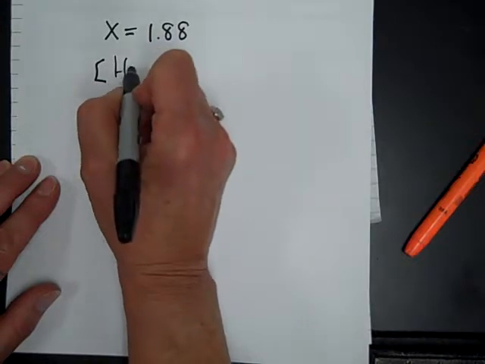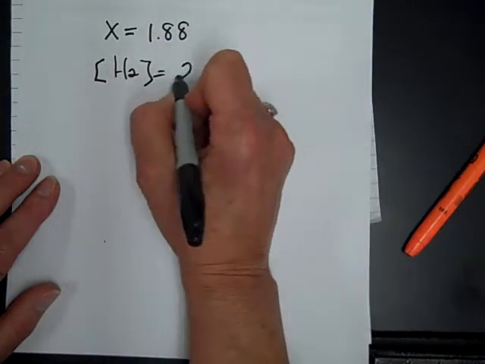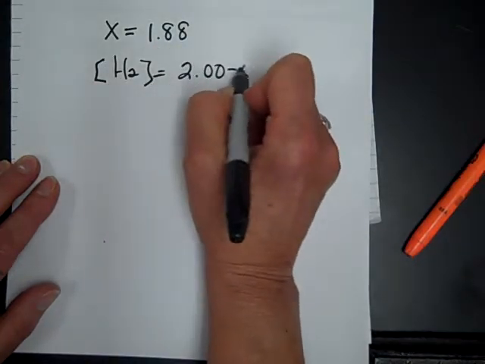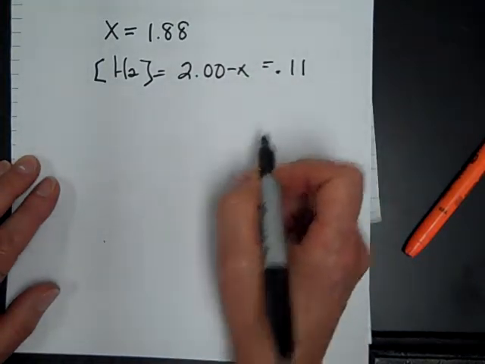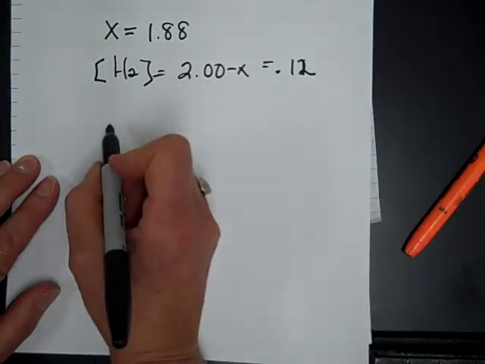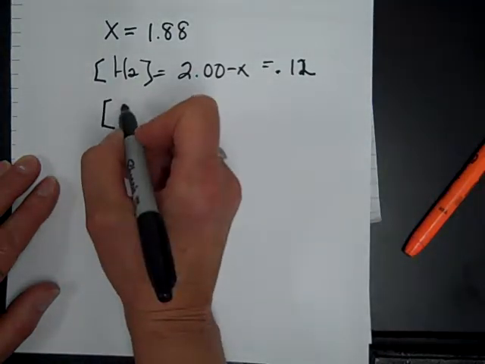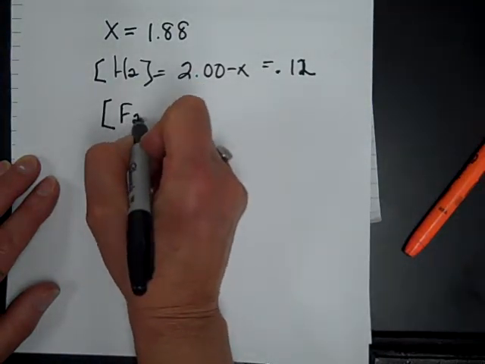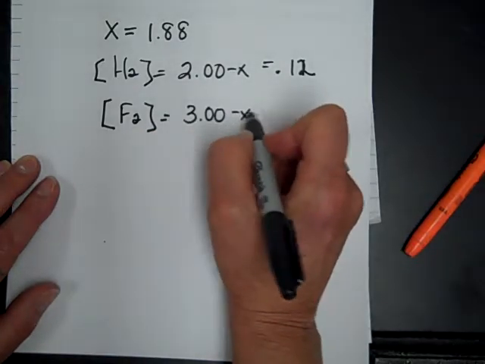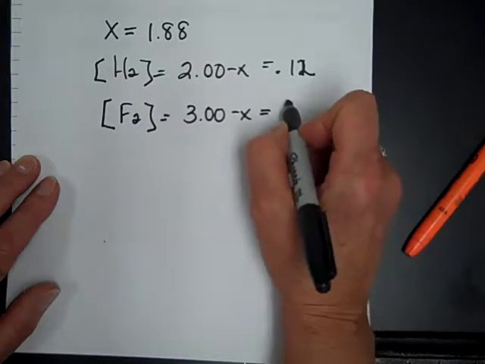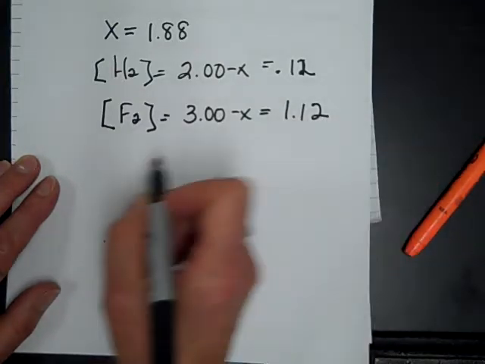H2 is equal to 2.00 minus x, which is going to be 0.11 or maybe 0.12. F2 is going to be 3 minus x. Don't forget about sig figs, which is going to be 1.12.